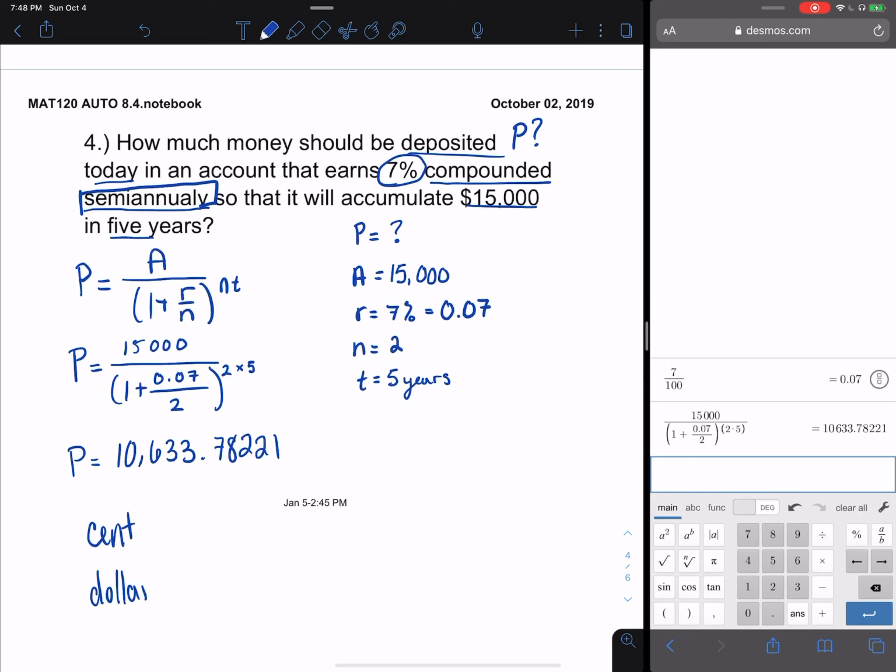And remember what we talked about with simple interest. Whenever you solve for P, for the principal, you always round up.